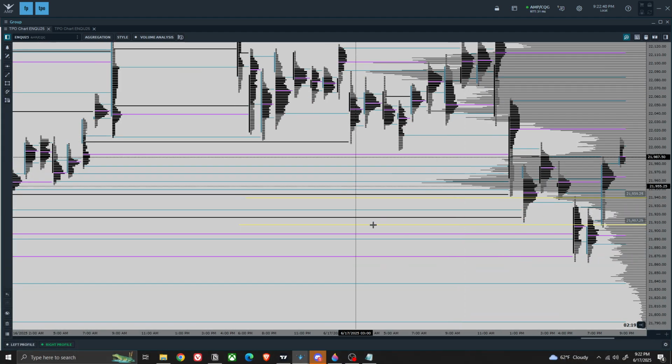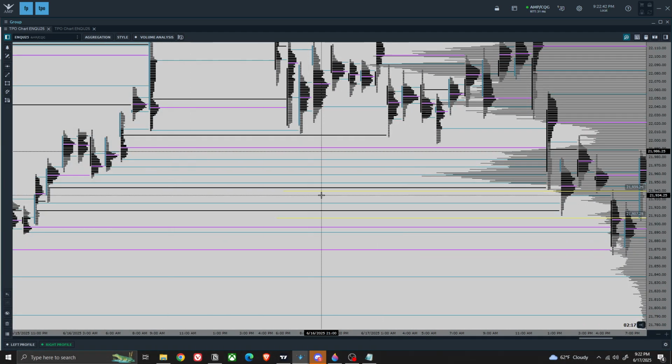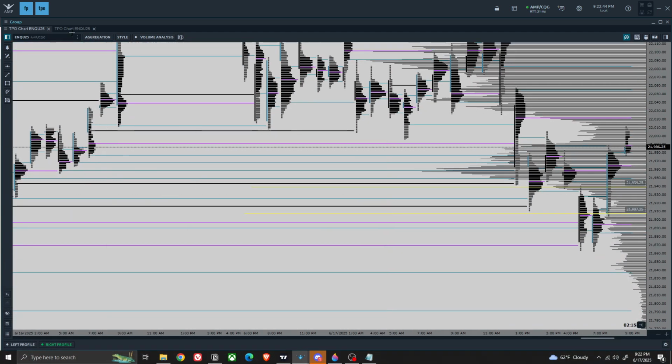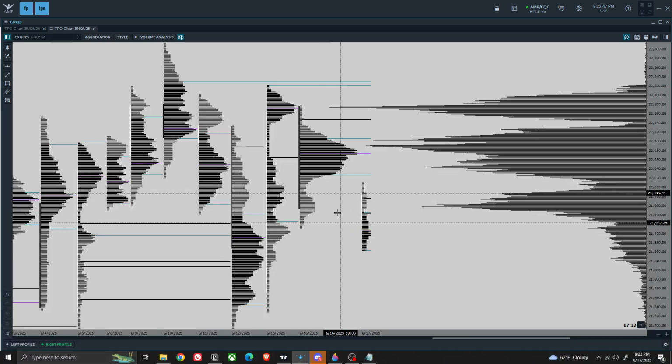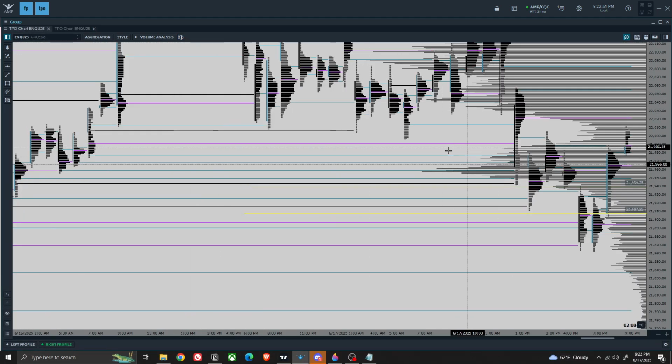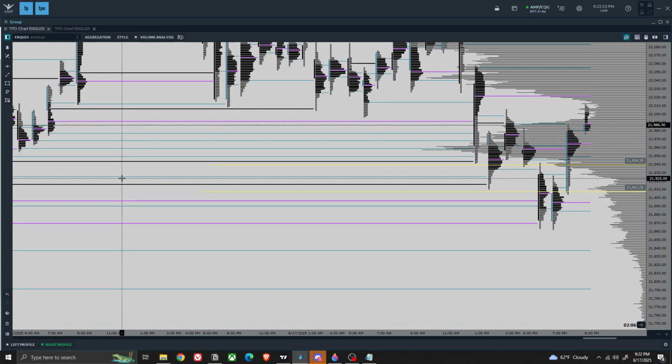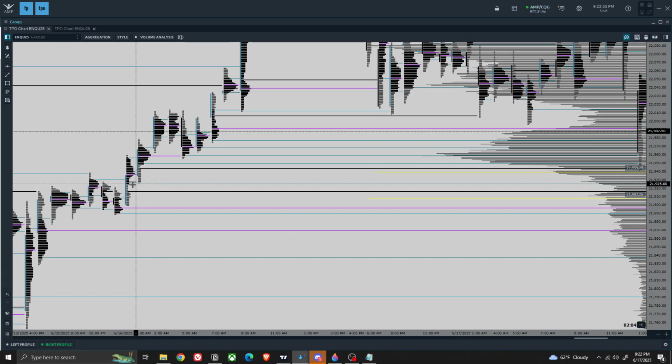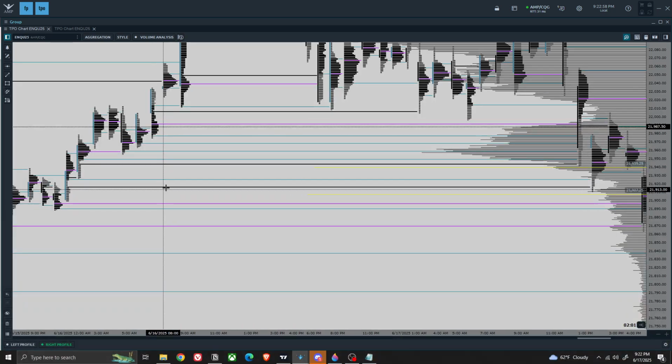You could see two things already, and this is exactly what I saw. First, I actually had a level from the daily, because there was a daily single print somewhere in here, or maybe a value area, I don't remember. But you can see here we have a value area, the low of it, and then underneath it is a single print. So it's a really discounted single print right at 915, and it's basically 916 if you get the tippity top.